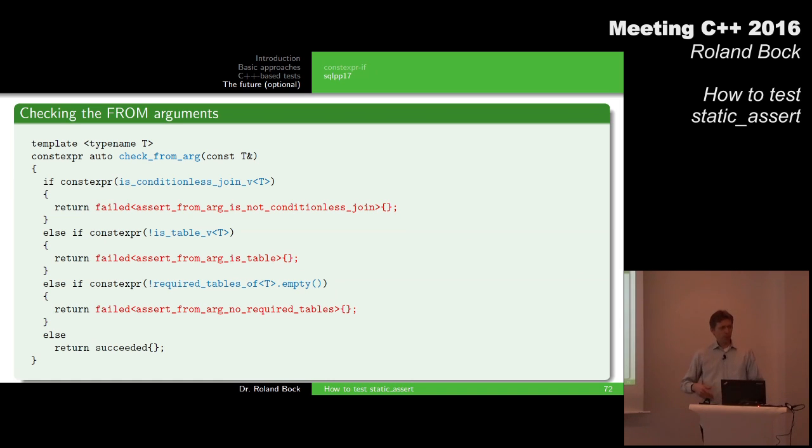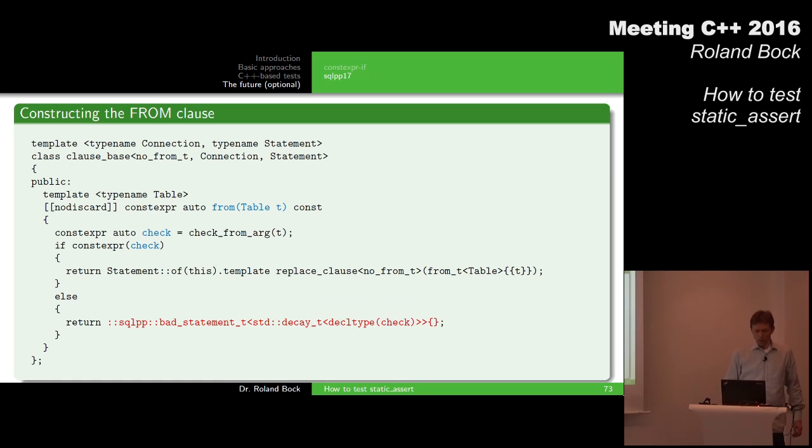Then the check for multiple static asserts is very, very simple in C++17. So instead of writing some nested conditional T or whatever, you can just chain constexpr if several times, check the conditions, return the failure type, or if everything is okay, you can just return the succeeded. And then we now can write our function, the from clause in a statement.